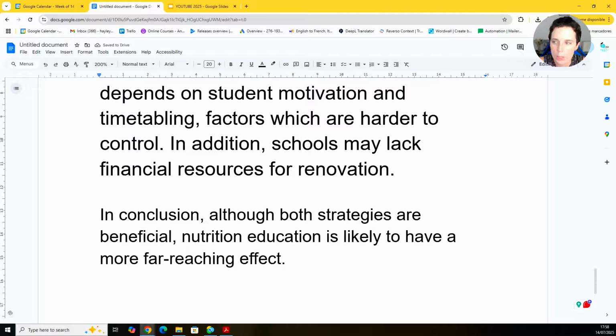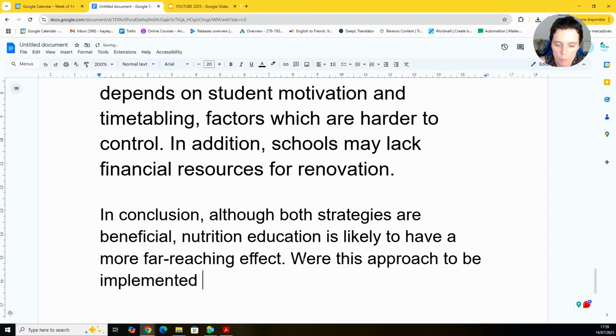Okay, and then we need to make a prediction, so let's use a conditional here. Could try and use another inverted conditional. Okay, let's say, were this approach to be implemented nationally, what would happen?